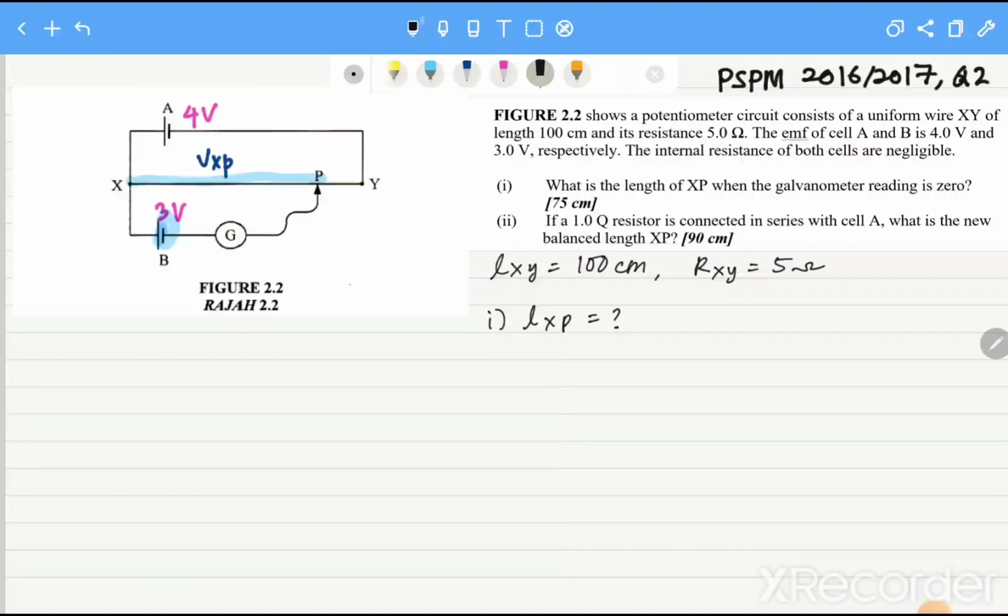So the reading of galvanometer is 0 because VXP is balanced by the EMF in cell B, 3 volt. The question asks for LXP. In order to find LXP, we must find RXP. Here we already have the VXP. We can use the potential divider equation: VXP equals to RXP over R total times V total.